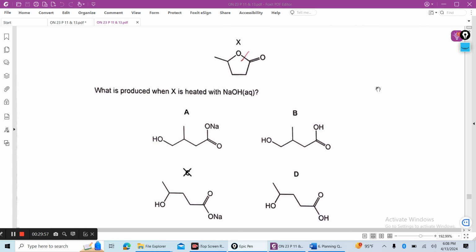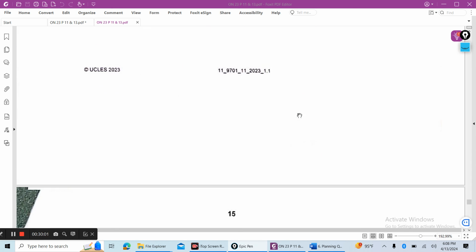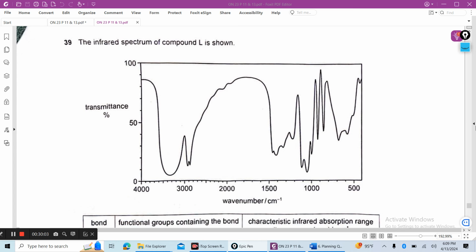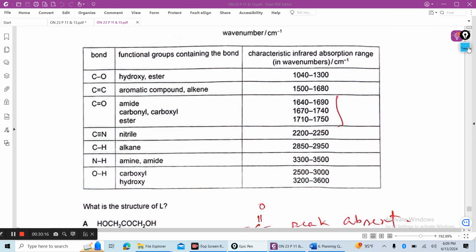Next, 39. The infrared spectrum of compound L is shown. This is an alcohol, OH broad peak, you see, and the bond, functional group and their infrared absorption range is given.